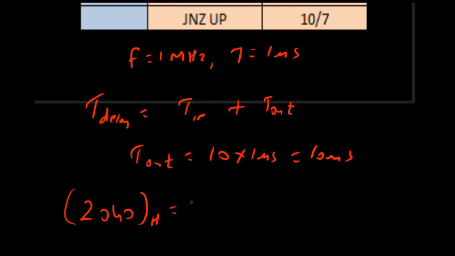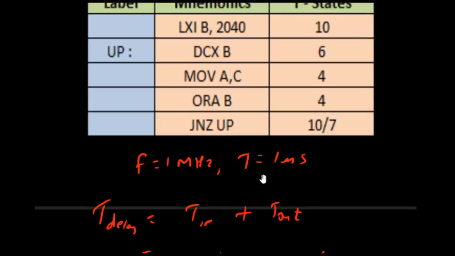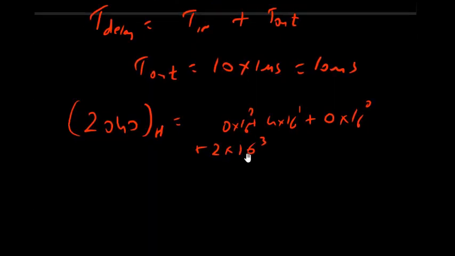So we must calculate the decimal: 0 into 16 raised to 0, plus 4 into 16 raised to 1, plus 0 into 16 raised to 2, sorry, plus finally 2 into 16 raised to 3. This is the calculation. The answer we get is 8256 decimal. You can check the answer, it is 8256. You can use a scientific calculator.